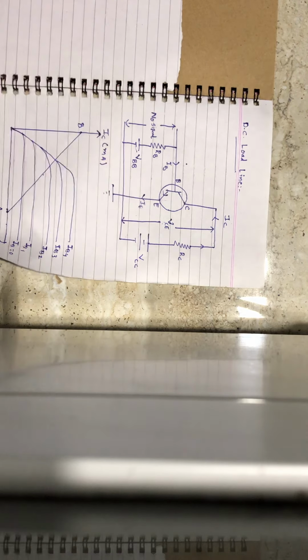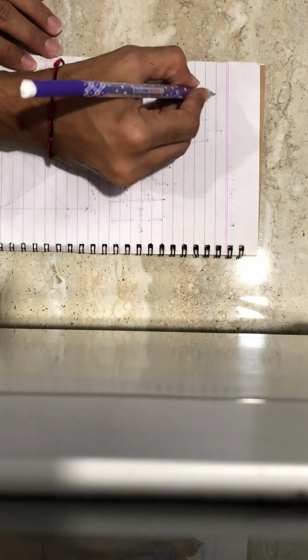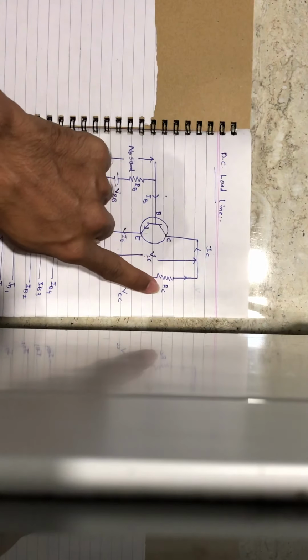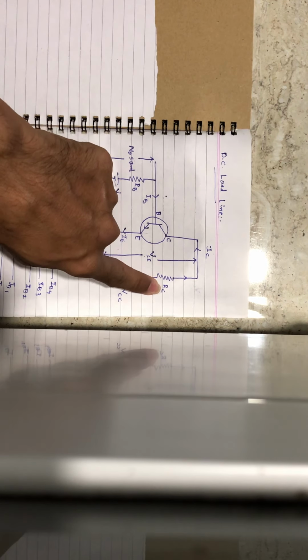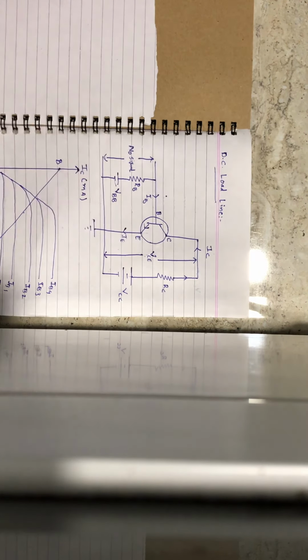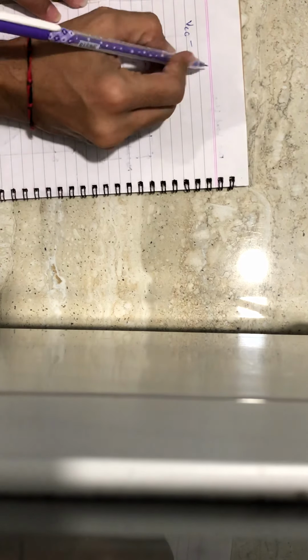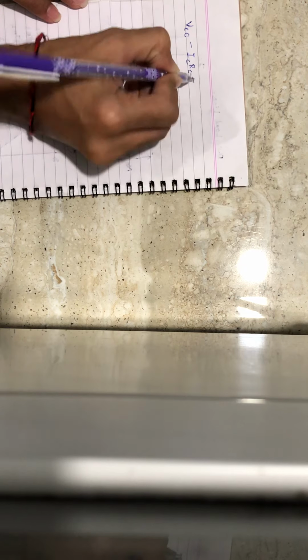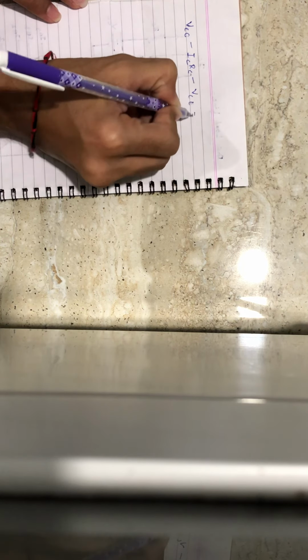So what is the definition? That is VCC minus IC RC minus VCE is equals to 0.